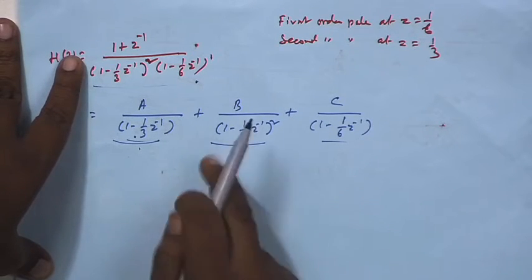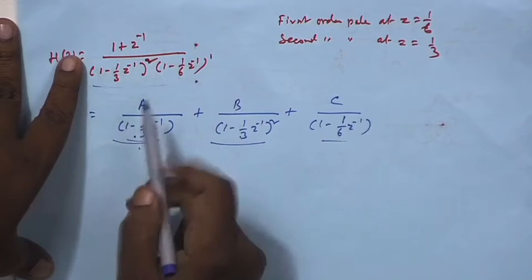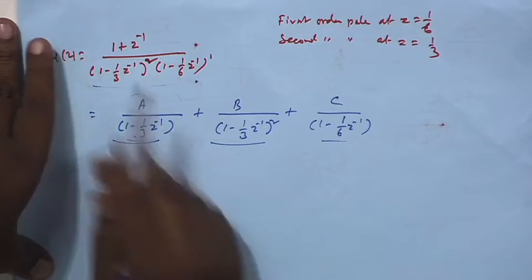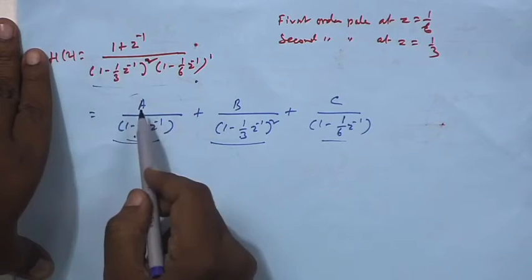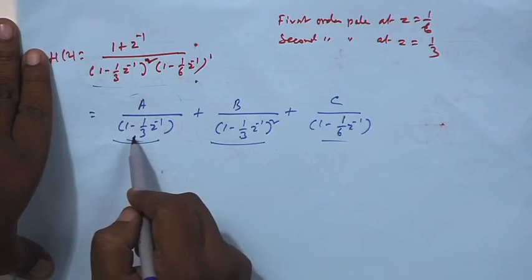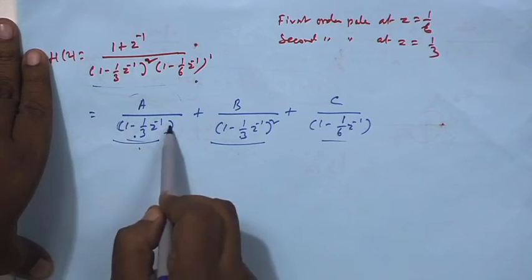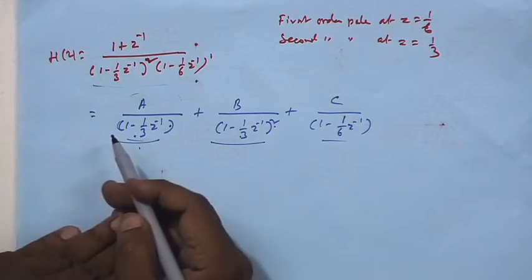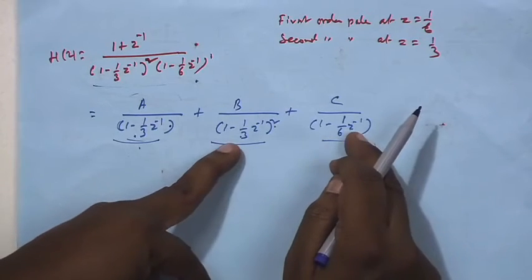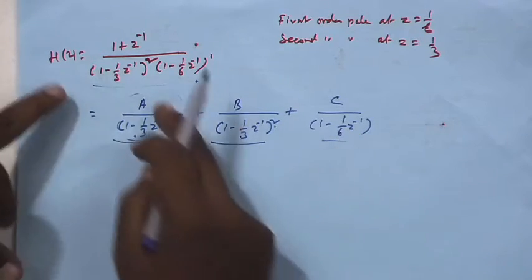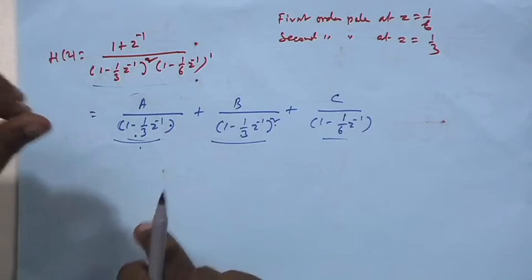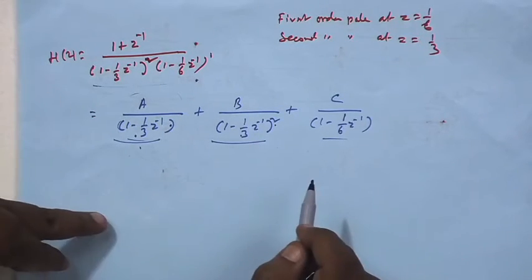So, the denominator will be this into this. So, we have to have a provision for this kind of term also, because this is not enough. This kind of term is possible to exist, because even if you have got the first order factor here and the second order factor, the same factor, when you are doing algebraic addition, the denominator will be the product of these two only. So, you cannot rule out the possibility of a term of this kind in this expansion. This is called partial fraction expansion.